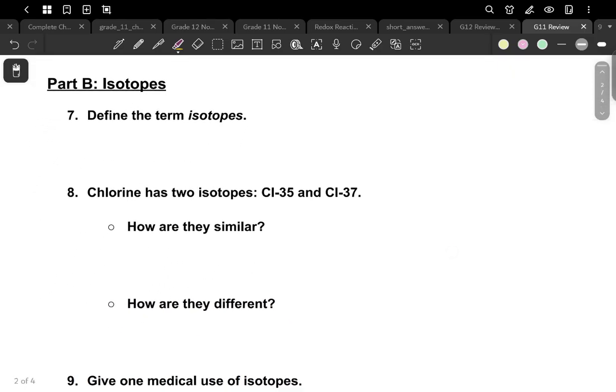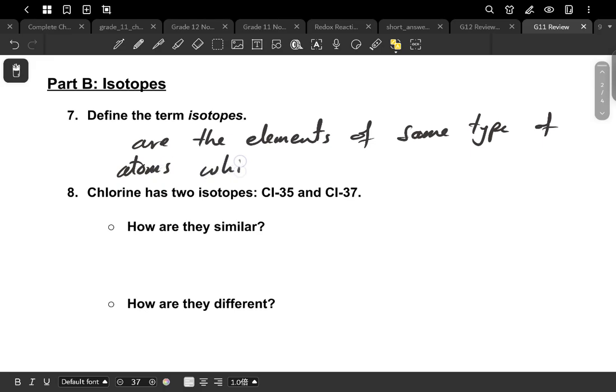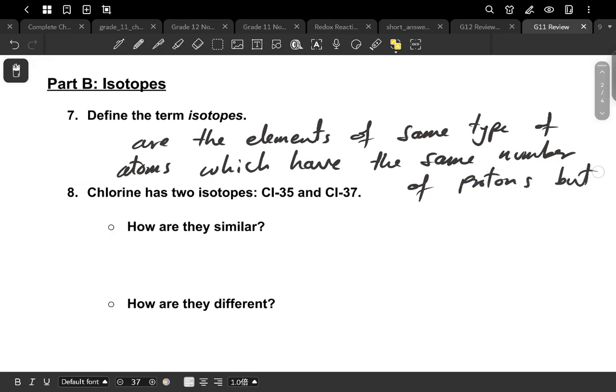Define the term isotope. Actually, isotopes are elements of the same type of atoms which have the same number of protons and electrons, of course, but a different number of neutrons.